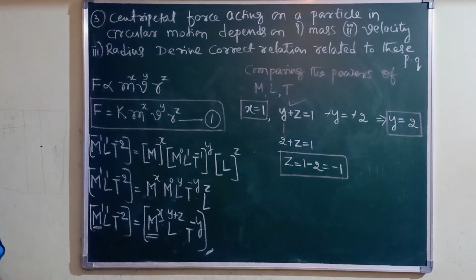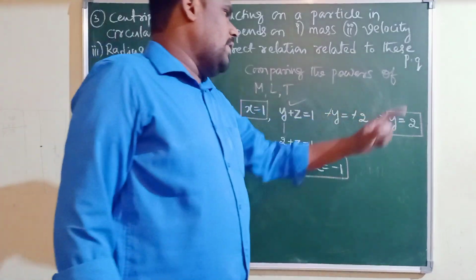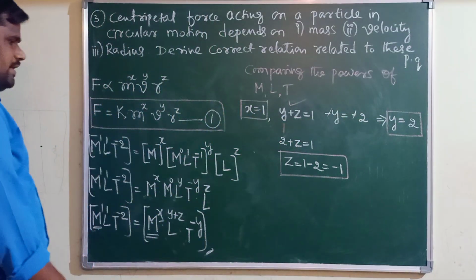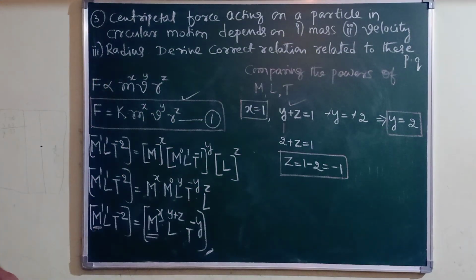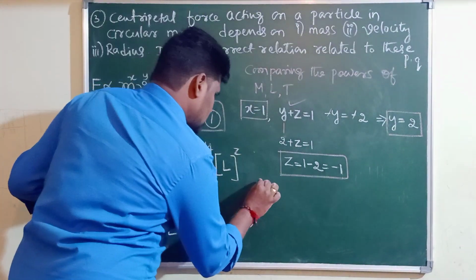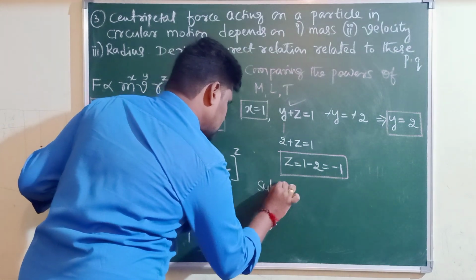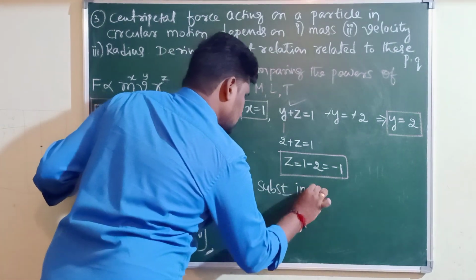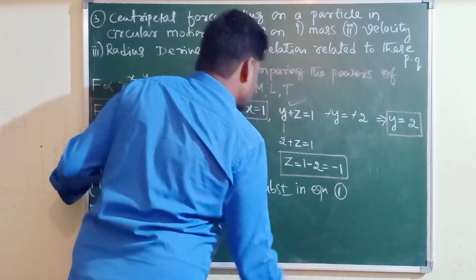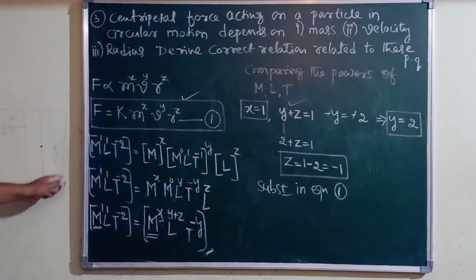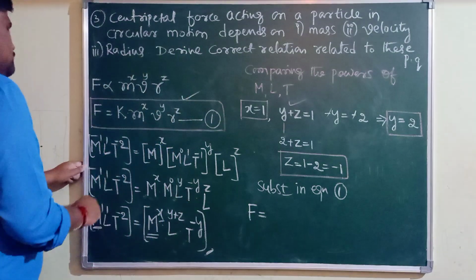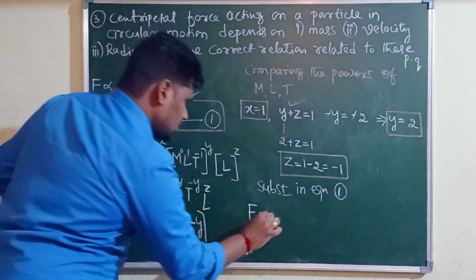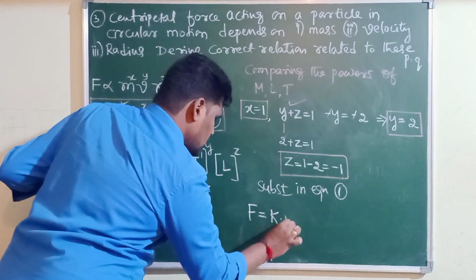So x value is 1, y value is 2, z value is minus 1, and these values I am going to substitute in equation number 1. What is the next step? Substitute in equation 1. If you substitute here, what can I write? F is equal to some constant k into m power x.